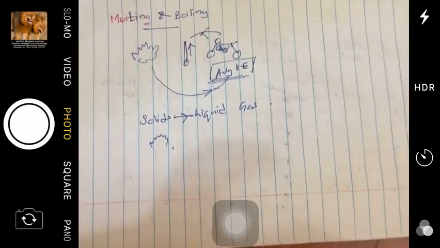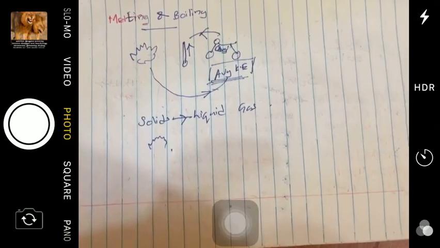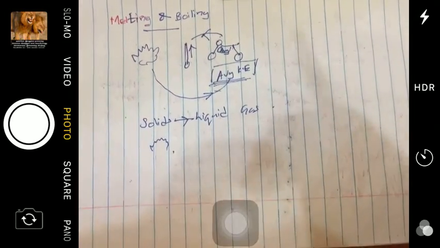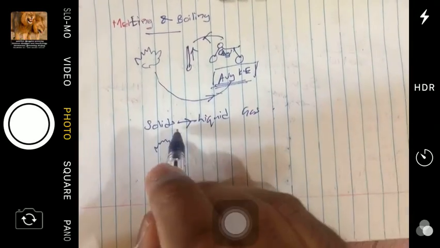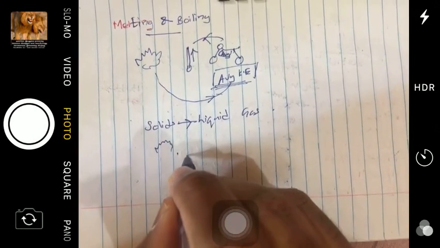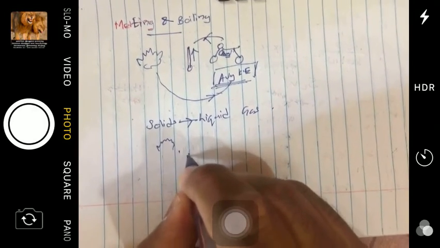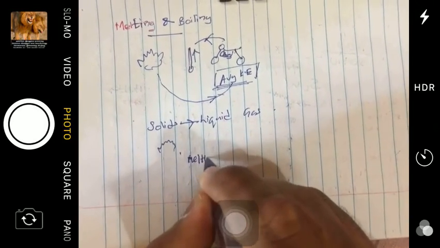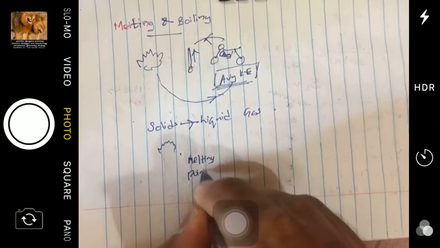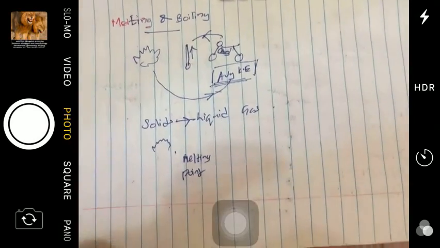That basic fundamental structure arrangement is not broken. When it reaches a certain temperature, which we call the melting point, the solid would start to melt.